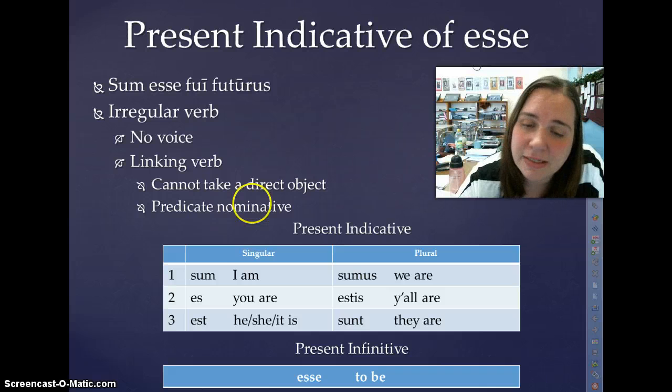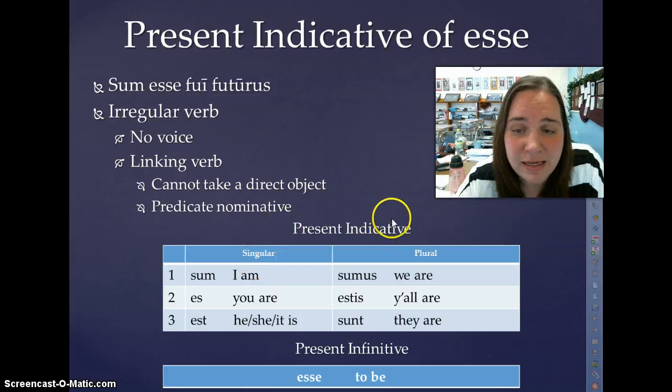But first things first, you need to memorize the forms of the present indicative for the verb to be. They are sum, es, est, sumus, estis, sunt.